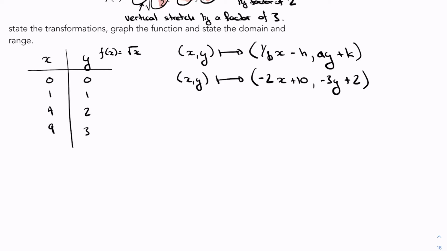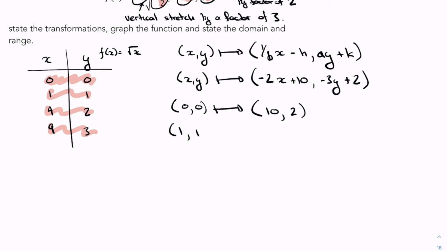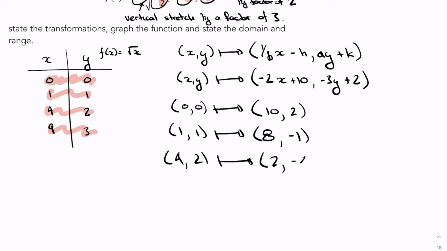Let's start by plugging in these points and seeing what we get. I have 0, 0, 1, 1, 4, 2, 9, 3. I'm putting them into my map here, and I end up with 10 comma 2 as the first point. 1 comma 1 is going to go to 8 comma negative 1. 4 comma 2 is going to go to negative 8 and 2 comma negative 6 plus 2, negative 4.